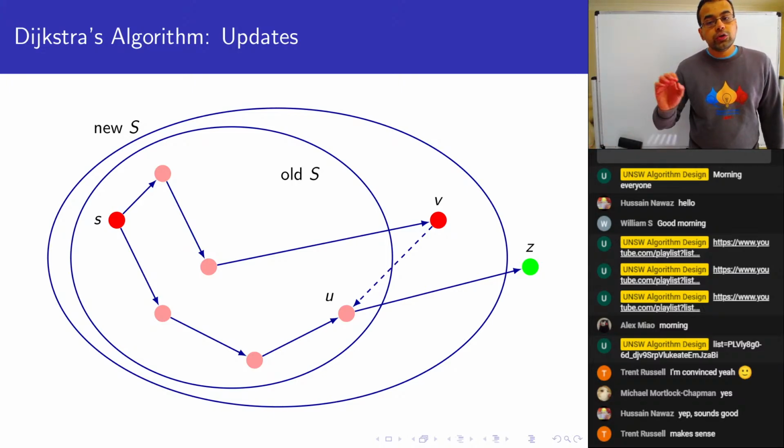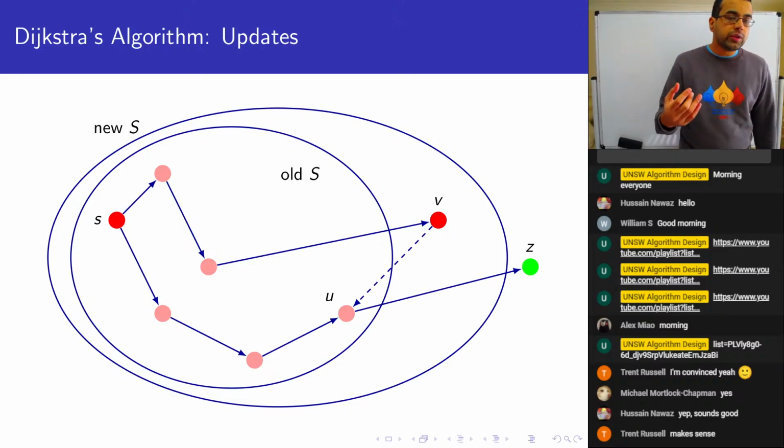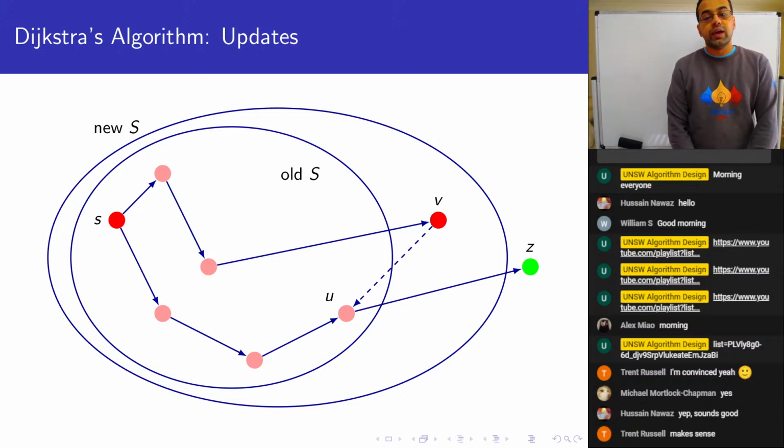Which means that the only kinds of paths that we need to consider are paths where the second last vertex is v. Those are the only paths which might beat the ones that we had before. And so the only updates we need to do are along those outgoing edges from v to external vertices. And again, the update is a very simple procedure.